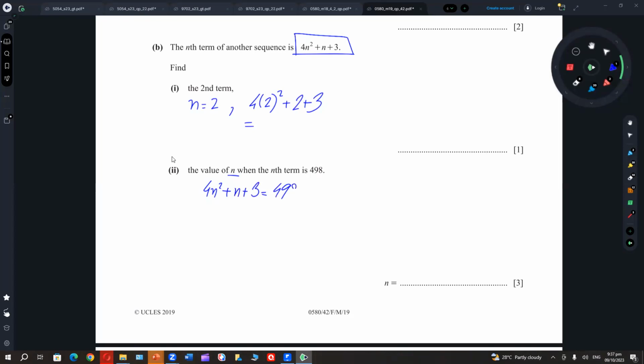So 21. The value of n when the nth term is 498. So, okay, we have to change the formula.